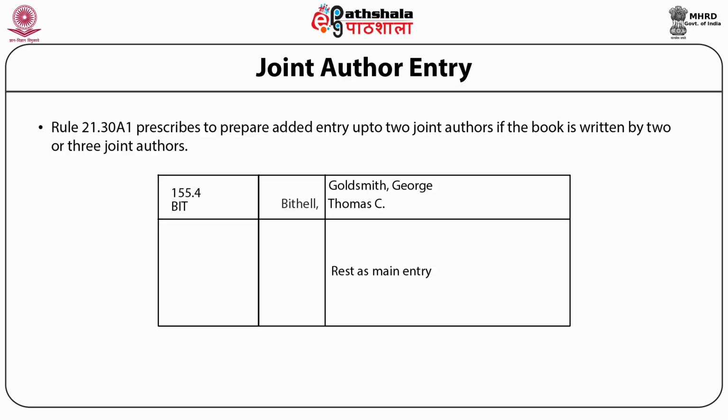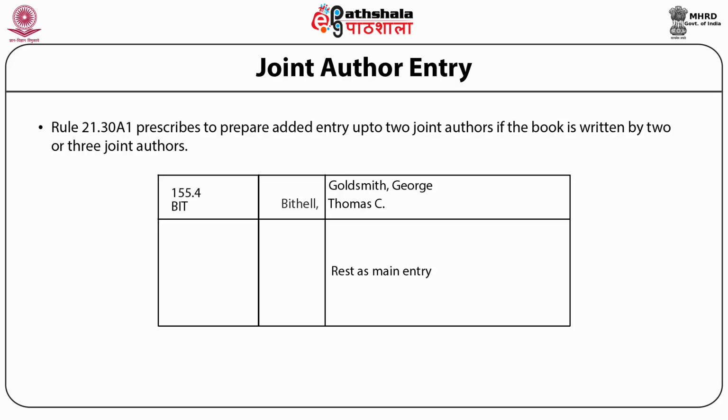Example: again, call number is given in the margin on leading line. From first vertical, the name of the author or the heading section is given, rest as main entry. It means in added entries, the whole main entry is copied.